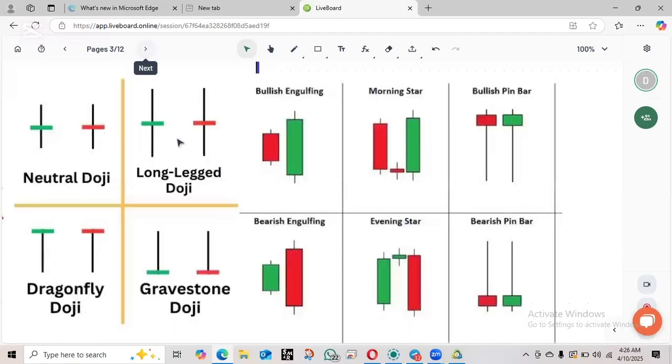But personally, these are the various candlestick patterns and their names. There are several of them, but these are the ones I have chosen, and these are the ones I pay attention to. Now, personally, I decided to group the candlesticks in a way that will be easy for me to work with.